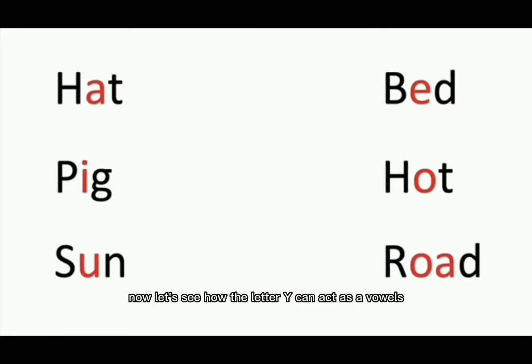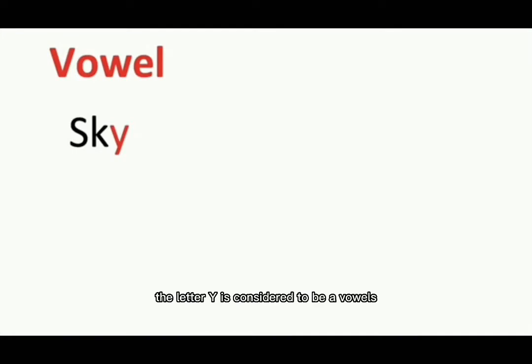Now let's see how the letter Y can act as a vowel and a consonant. Let's start with the vowel. For example, sky. Here, the letter Y makes the I sound. The letter I is a vowel. Therefore, in this example, the letter Y is considered to be a vowel.